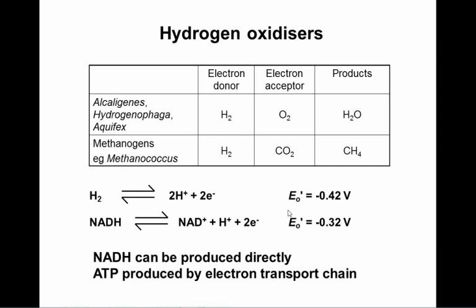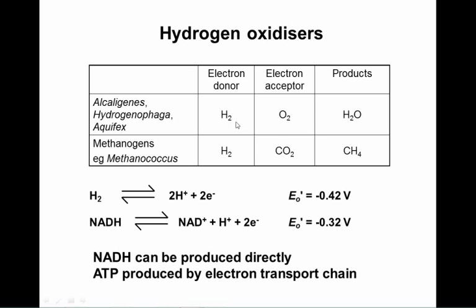Okay, so let's have a look at what is happening with hydrogen oxidizers. Well, know the couple of names: Hydrogenophaga, eats hydrogen, or Aquifex, makes water. So those are easy ways to remember the metabolism of these two genera.